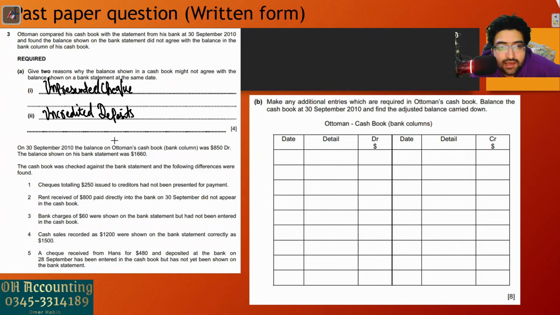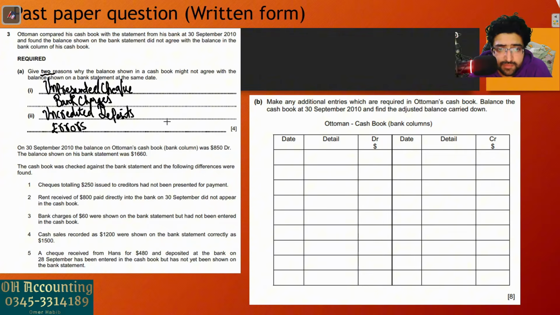You can also write there can be errors. Even though they've asked you just two reasons, we have a lot of reasons. Then there can be things such as bank charges which were present on the bank statement but missing from the cash book. So you have multiple reasons for this.